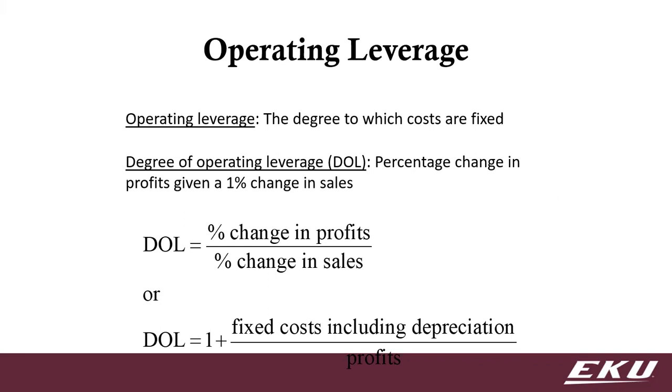Okay. Operating leverage is this ratio that shows you what is fixed, what's the ratio of fixed to variable, right? And then this degree of operating leverage is what is the percentage change in profits with a 1% change in sales. Okay.